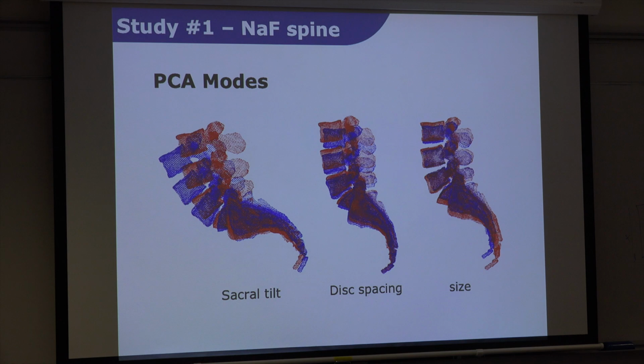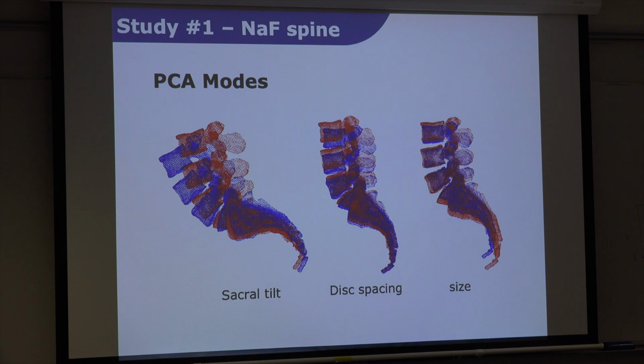When we looked at PCA, or principal component analysis, we found that the 3 main modes of variation within our population were sacral tilt, which you can see here from how the red and blue deviate. They're the 2 extremes in our population. And vertebral disc spacing, as you can see here from whether or not the spine is compressed.